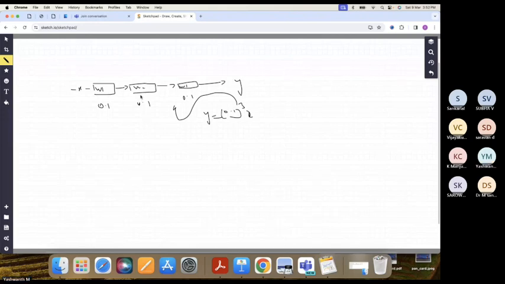Yeah, we see very small updates in your weights if your weights are very small, right? And this typically leads to a problem called vanishing gradient.